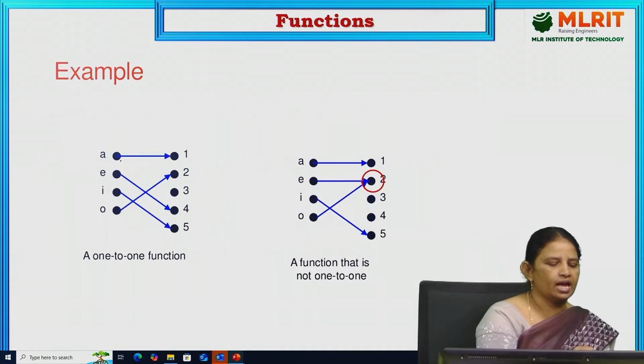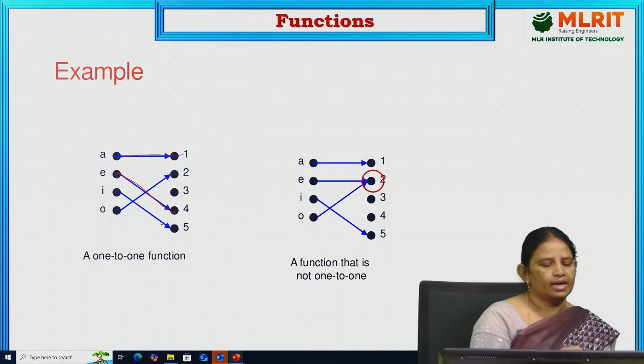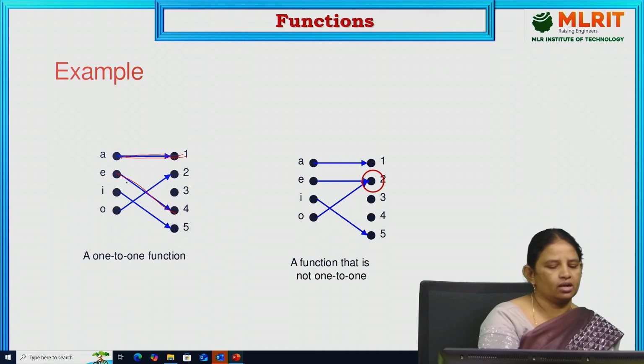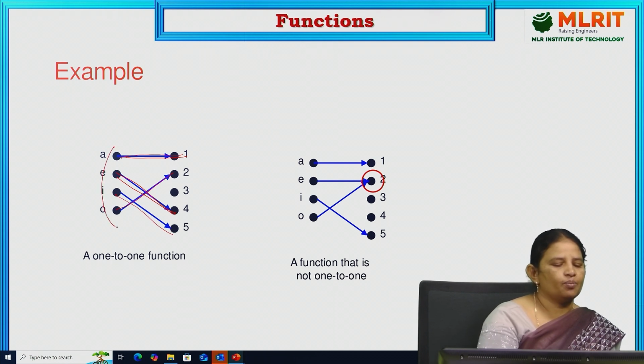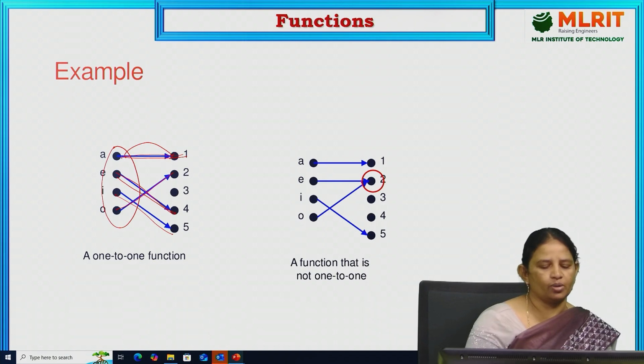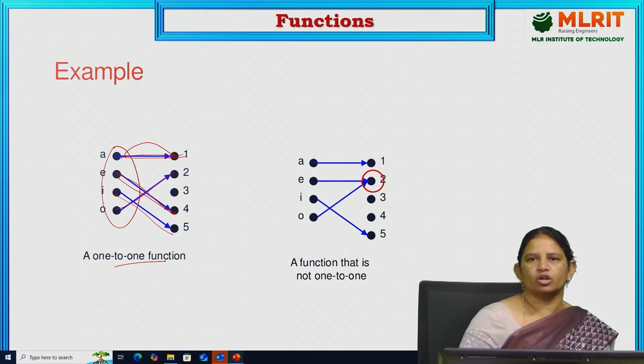That means every element of A has exactly one image: A is mapped with 1, C is mapped with 4, I is mapped with 5, and O is mapped as well. Then it is called a one-to-one function.